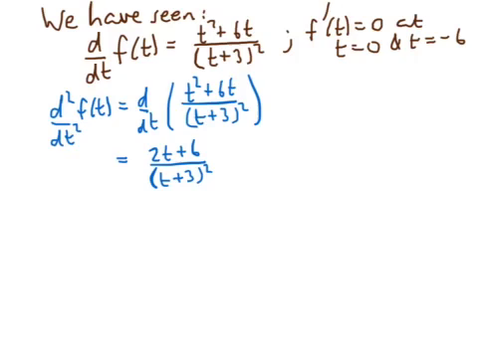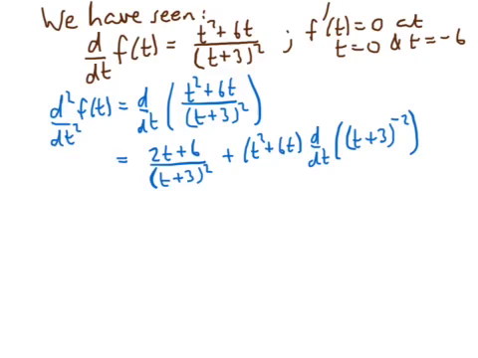And then when I differentiate the second term in our product, the t plus 3 to the power of minus 2, I'm going to have plus t squared plus 6t multiplied by the derivative with respect to t of t plus 3 all to the power of minus 2. And now we notice the following.